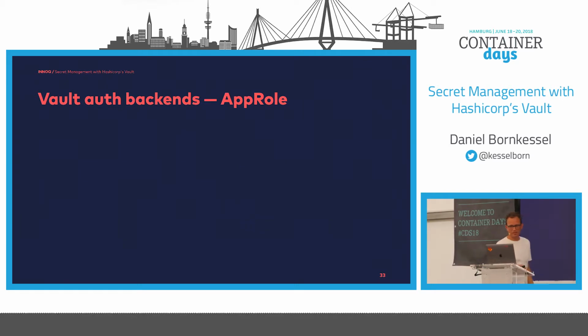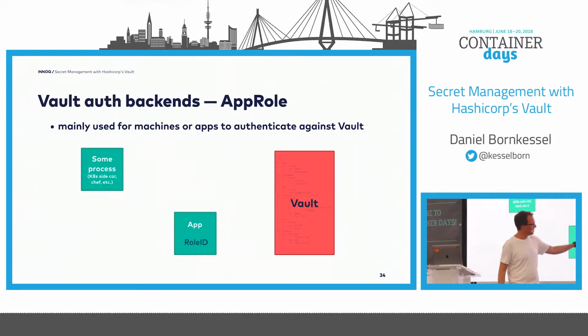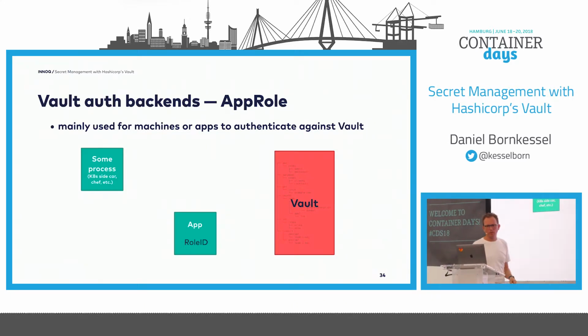If you're not lucky and you run neither on AWS nor on Kubernetes, there is still another authentication method that you can use that gives you a similar way to use Vault with your applications. So a scenario here is you have an app, again you want to read some secrets, and you have some external orchestrator, which could be Kubernetes if you don't want to use Kubernetes auth, or Marathon or just Chef, Puppet, or Ansible.